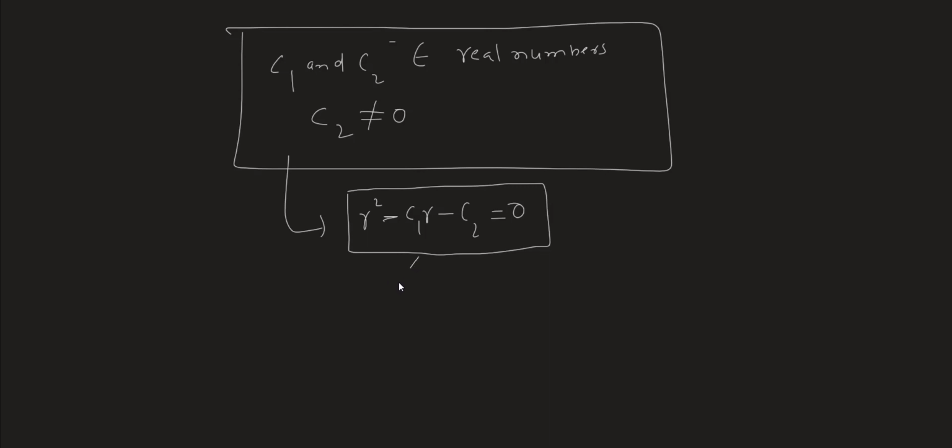So instead of obtaining two roots, r1 and r2, let's assume that both of the values are the same. Let's call that r0 and r0. So r1 and r2 both are equal to r0. These are the values that we obtained.